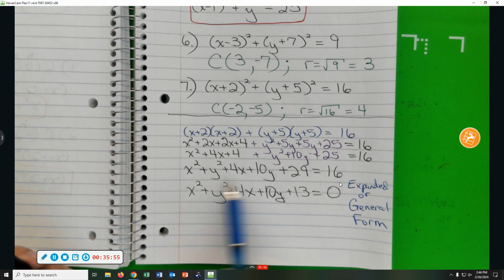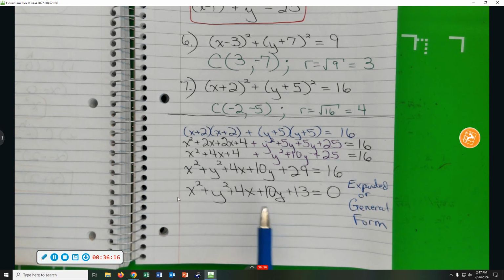With general form, is it so easy to determine the center and radius? Change sign, take the square root? No, not in this form. We're going to have to do something called completing the square.